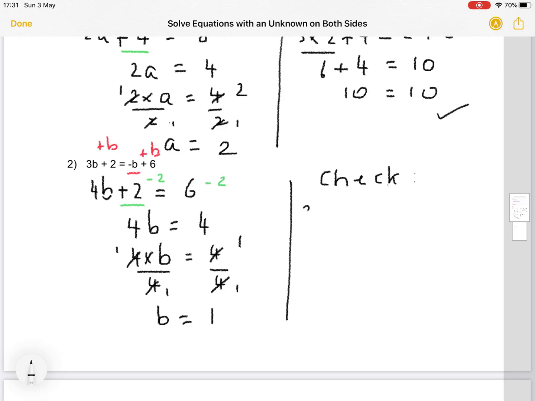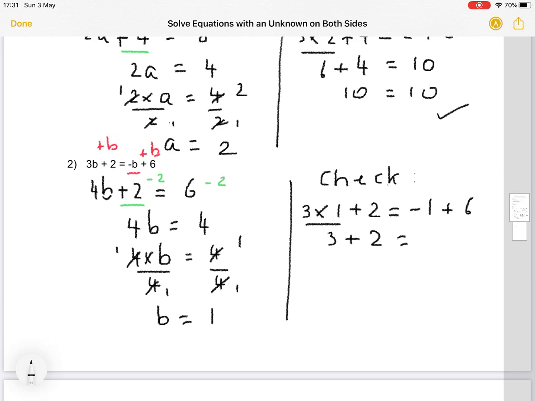So 3b means 3 times 1 plus 2 equals negative b, and we are going to write negative 1 plus 6. Let's work them out. 3 times 1, it's 3 plus 2.